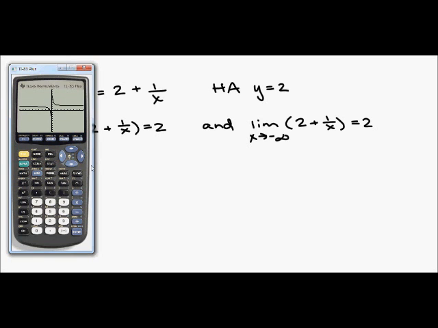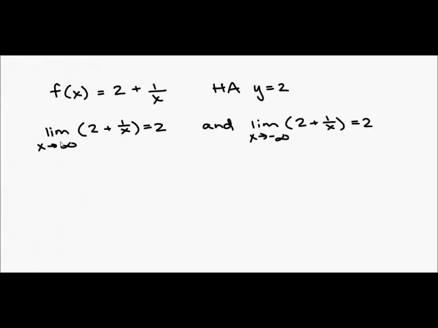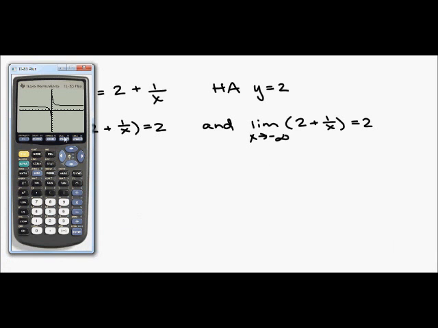Then you see basically the same graph we were looking at before, but it's been raised up 2 units. So the limit as x tends to infinity of this function is equal to 2. And you can see that if you were to start tracing and going towards positive infinity, the y values are getting closer and closer to 2.